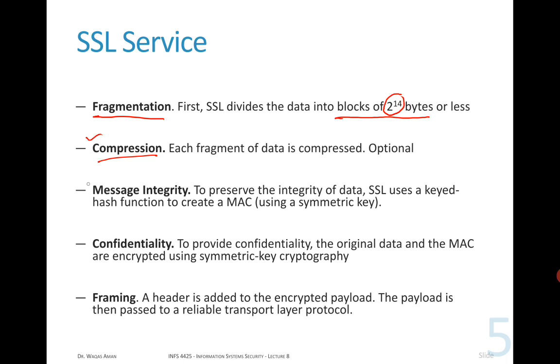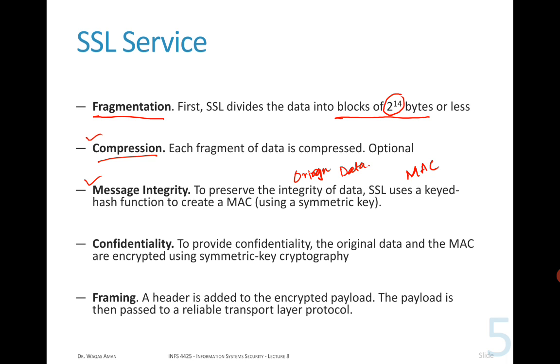Then it also gives us message integrity, data integrity. This integrity is both origin integrity and data integrity. It offers both, which means it is employing the MAC mechanism, the message authentication code, which is a keyed hash.